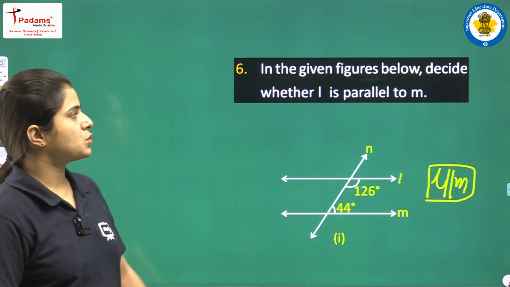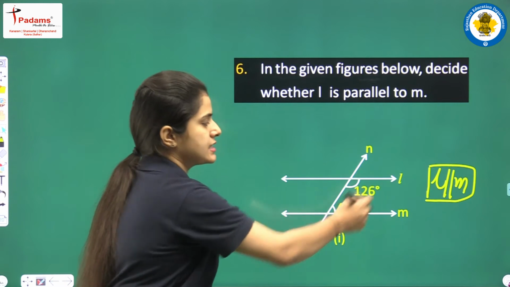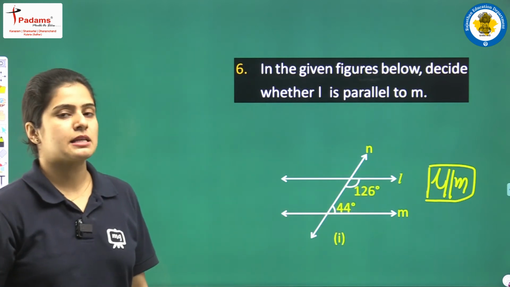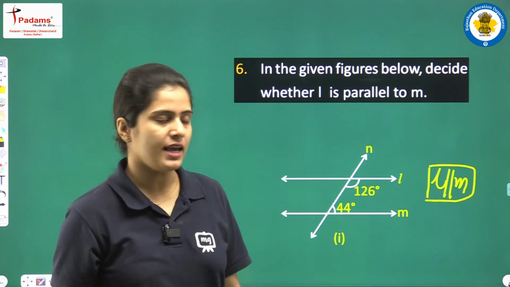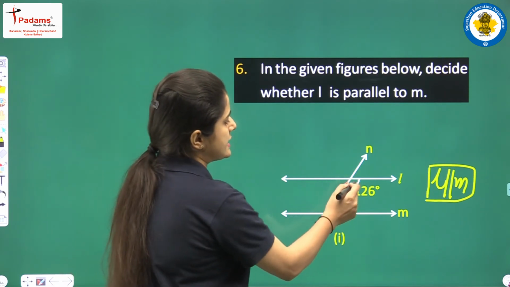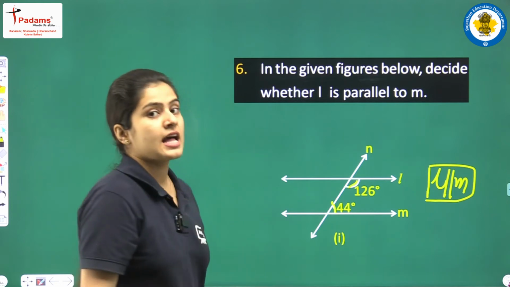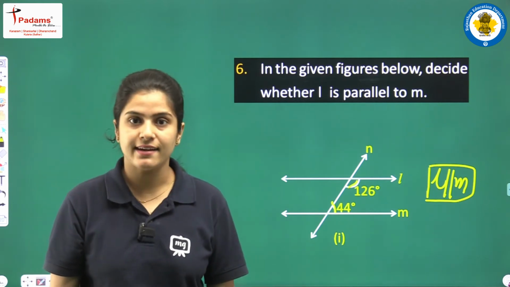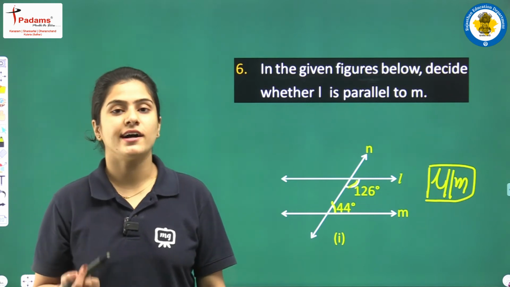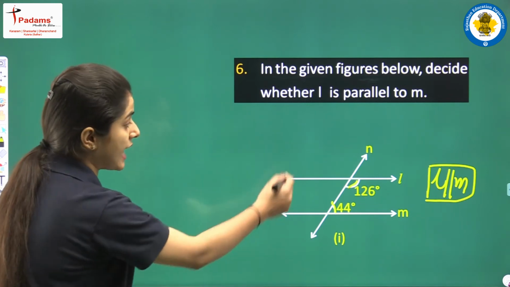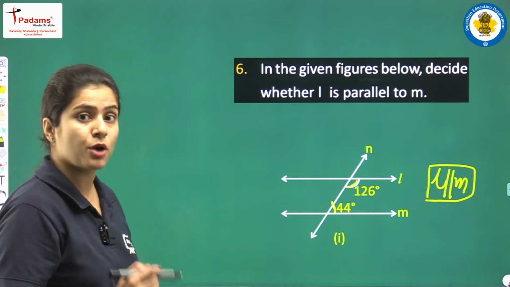Okay, so students, if these two lines are parallel, then they will follow all the properties of the transversal with parallel lines. It means that the sum of the interior angles that lie on the same side of the transversal is equal to 180 degrees. This is the property.